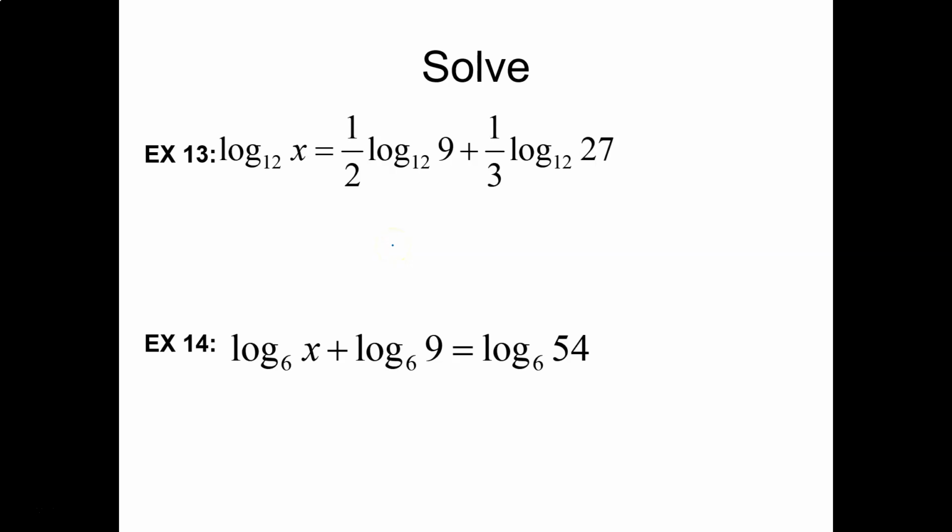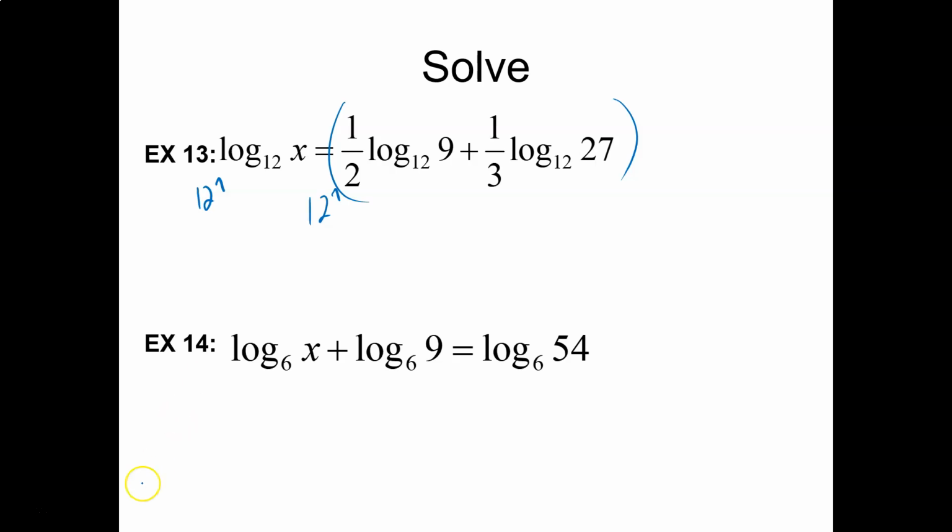Right now, I cannot drop the logarithms for this problem, because in order for us to use that property where we can just drop the logarithms, I've got to be able to do 12 to the power over here and 12 to the power over here. Well, if I do that, I've got to do 12 to all that big expression, and you don't have your 12 right next to your log 12.